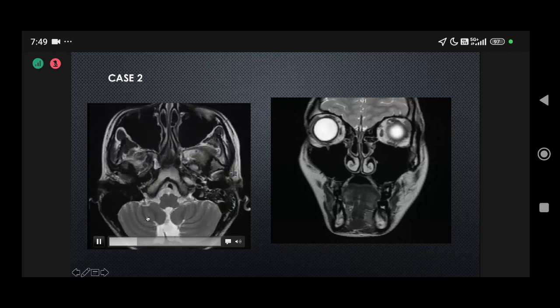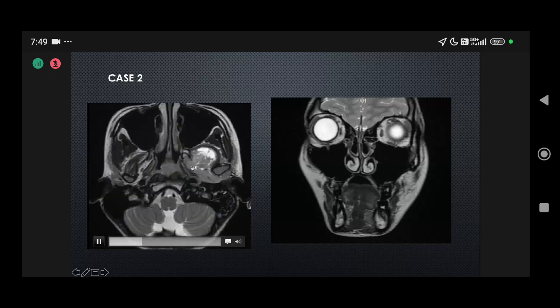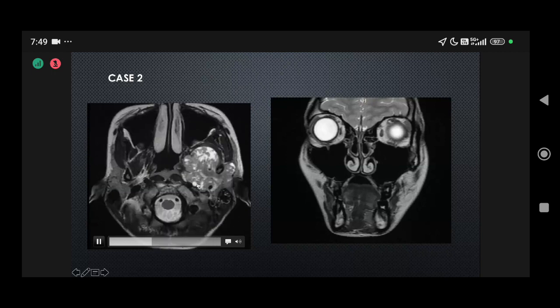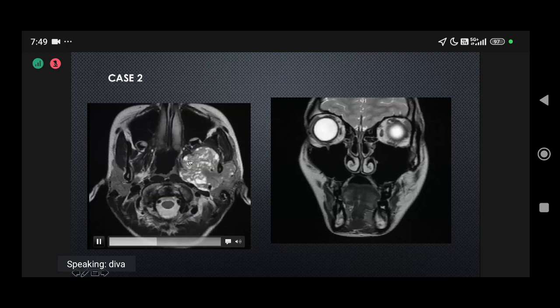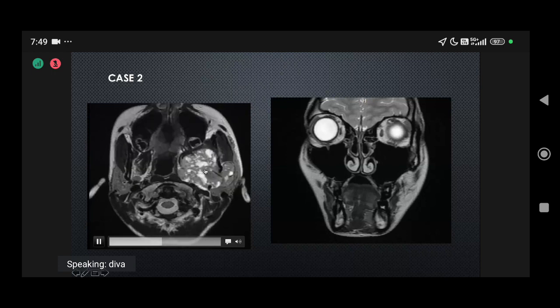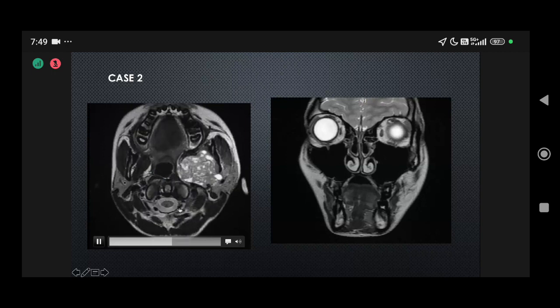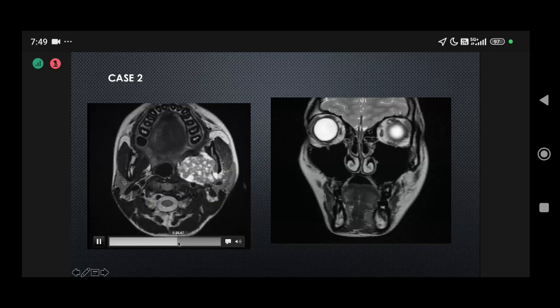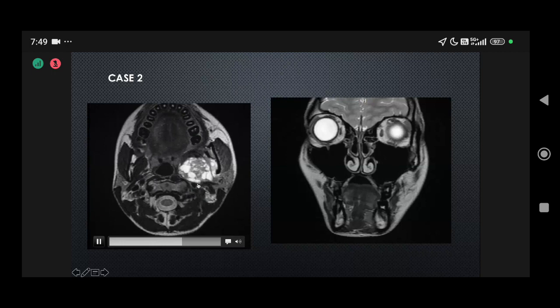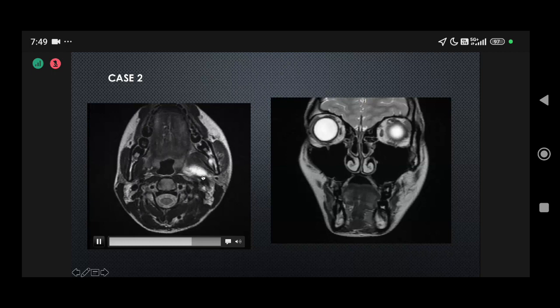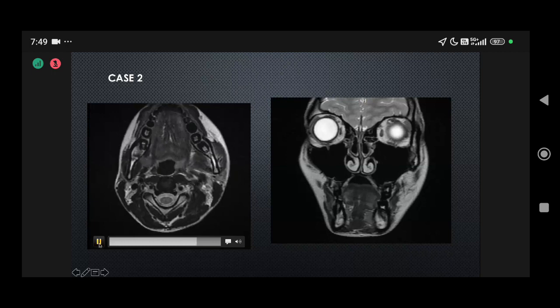Yes, we are seeing some abnormality in the region of the foramen ovale, and on the left side we are seeing a multilobulated lesion in the parapharyngeal space. It is also involving the masticator space and the deep lobe of the parotid gland. We are going caudally, and it is nearly reaching just up to the submandibular gland.